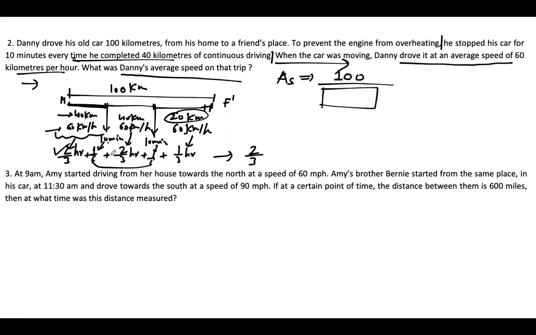So 2 by 3 plus 2 by 3 plus 1 by 3 plus 1 by 3: 4 plus 1, 5 plus 1, 6 by 3, which is 2 hours. So average speed is 100 kilometers divided by the total time taken, 2 hours, which is 50 kilometers per hour.